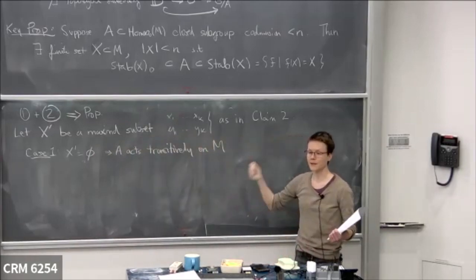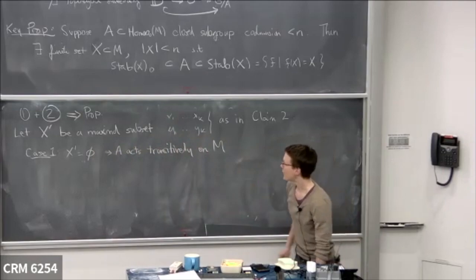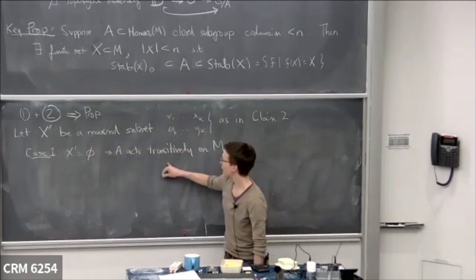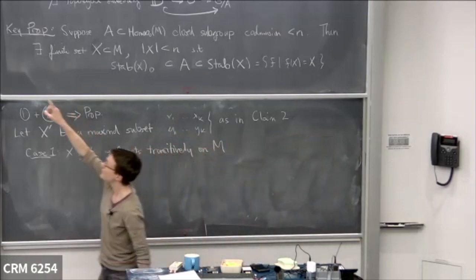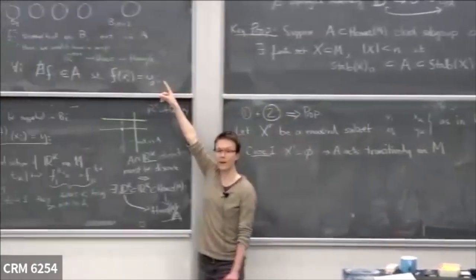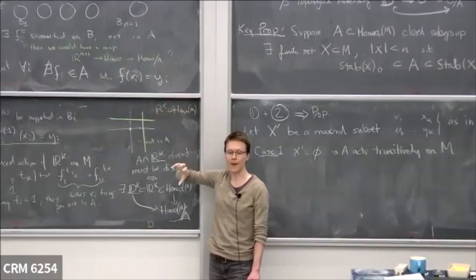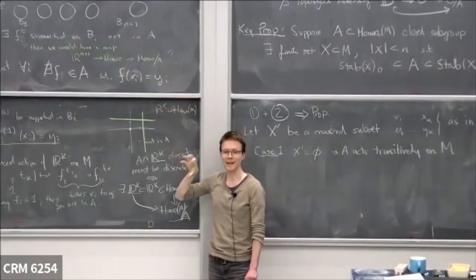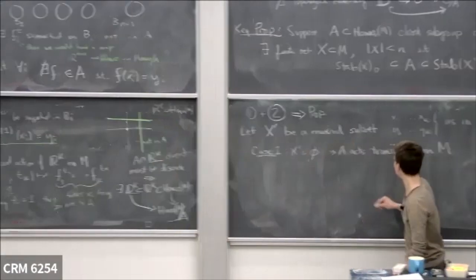If I didn't act transitively, I'd have some point where you couldn't take it to the other point by anything in A. But if you act transitively, and you contain everyone supported on a little ball, then you contain everyone supported on a ball around each point, because I can conjugate that ball and move it around, because my action is transitive.